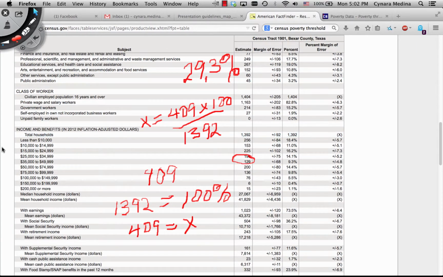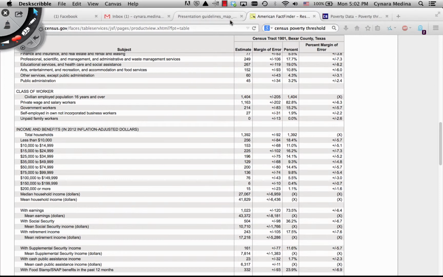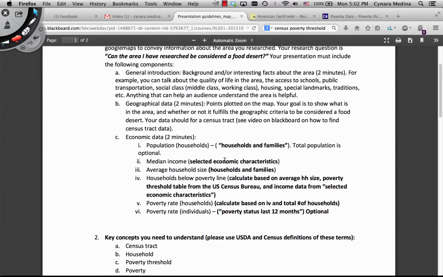Scroll down until you get to the income and benefits information and add just the households that fall below the poverty line and then calculate the percentage. And that's pretty much it. The rest of the information you can find in households and families and selected economic characteristics, and you would be done.